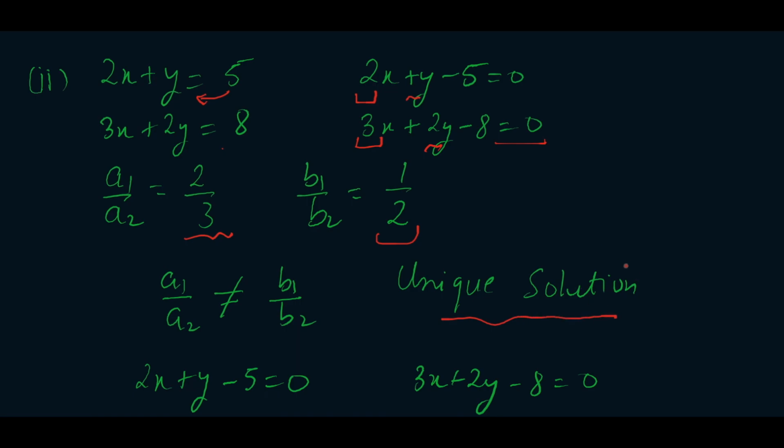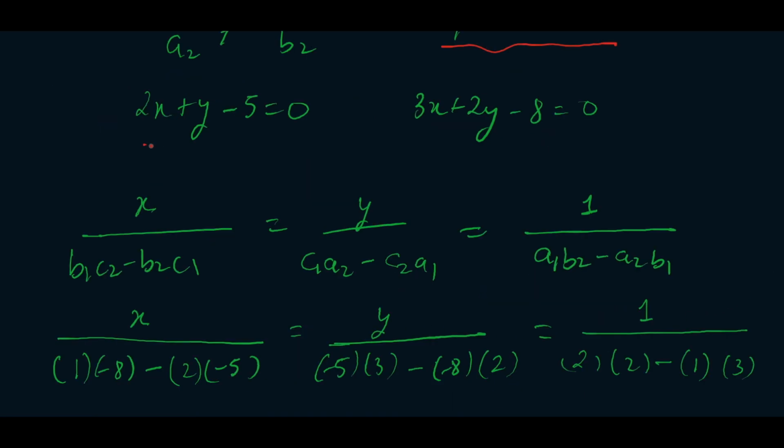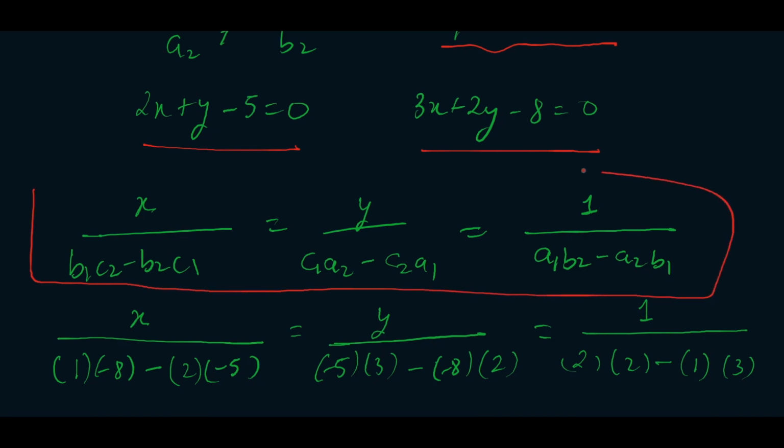Now we need to find the solution for these equations. Our two equations are 2x plus y minus 5 equals to 0 and 3x plus 2y minus 8 equals to 0. Now we need to find our solution using cross multiplication. This is the condition for finding the solution using cross multiplication.